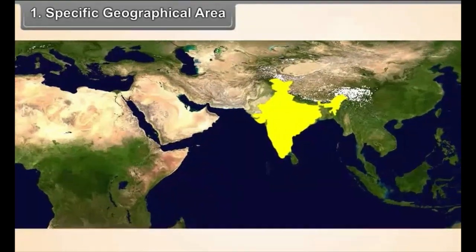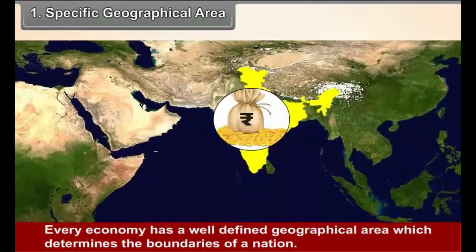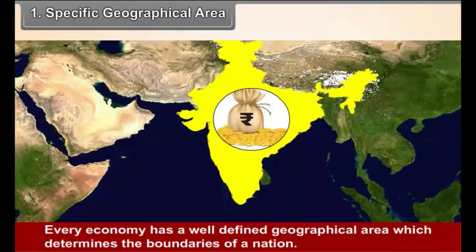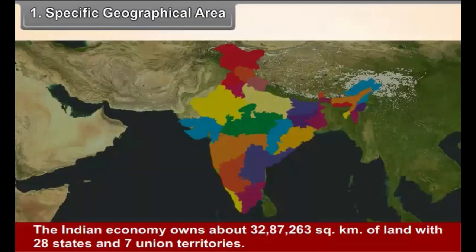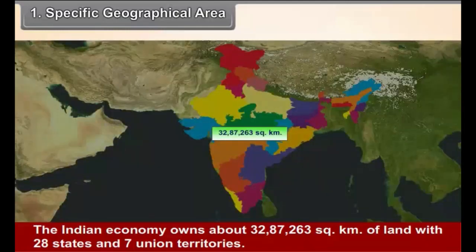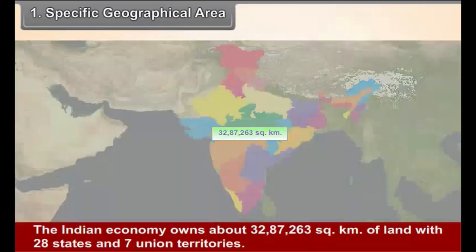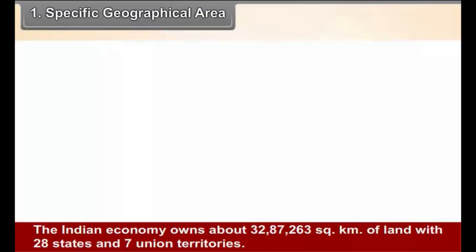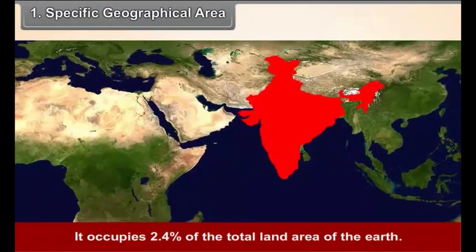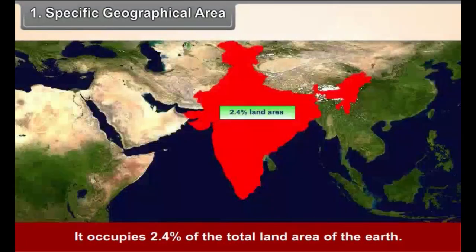Specific geographical area. Every economy has a well-defined geographical area which determines the boundaries of a nation. The Indian economy owns about 32,87,263 square kilometers of land with 28 states and 7 union territories. It occupies 2.4% of the total land area of the earth.